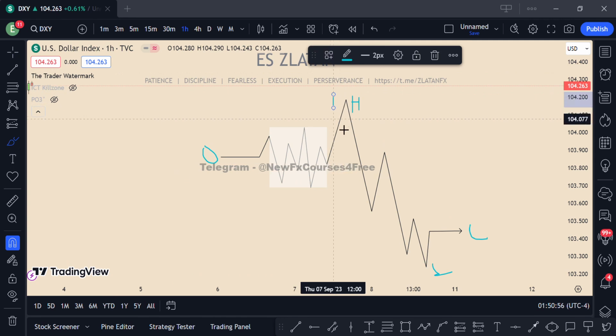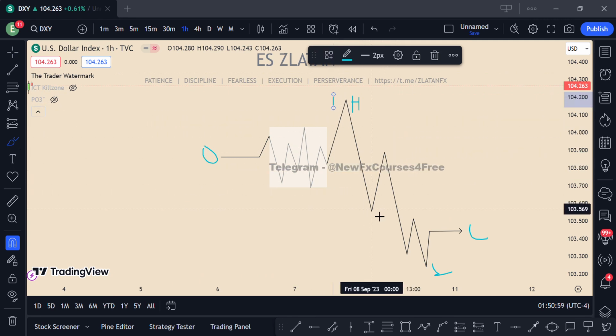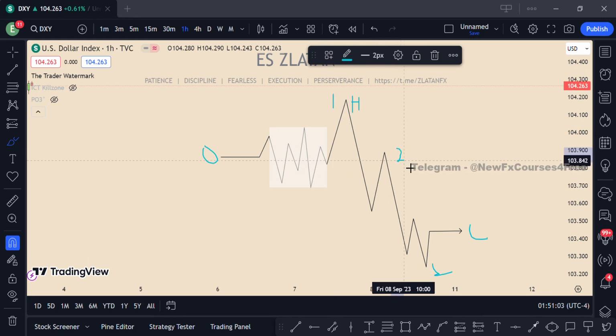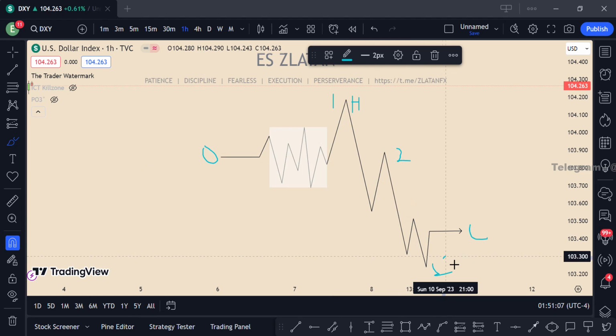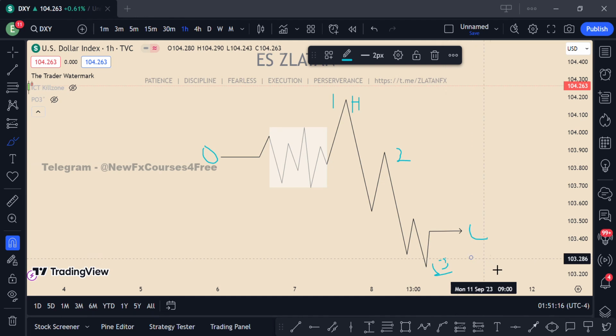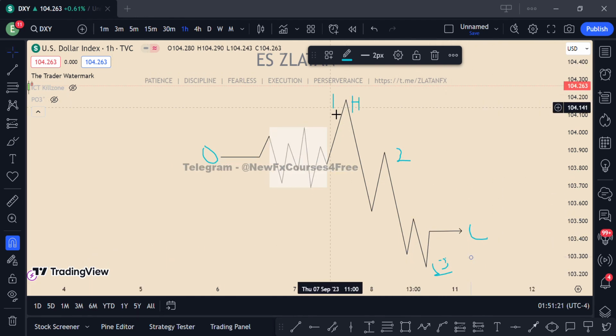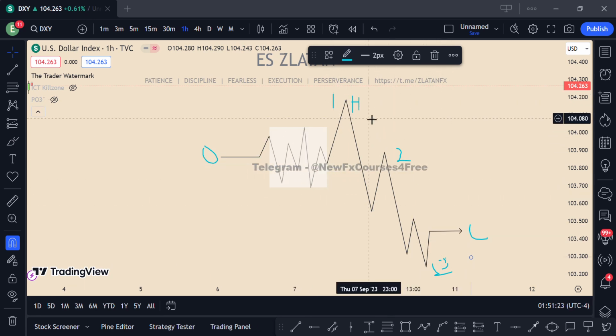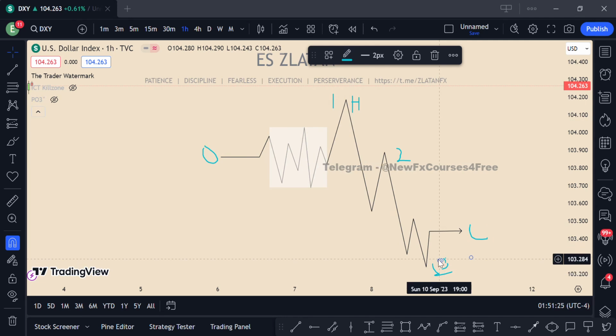Or we catch the New York OTE, which is number two. Or we catch the low, then take it back to the range. My bad. So there are more like three opportunities, three setups for you daily.